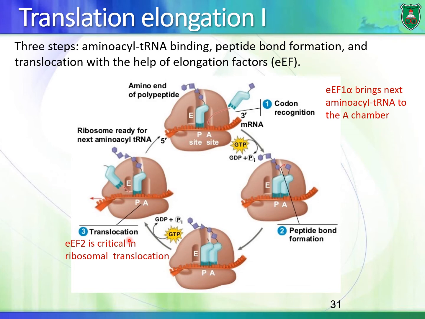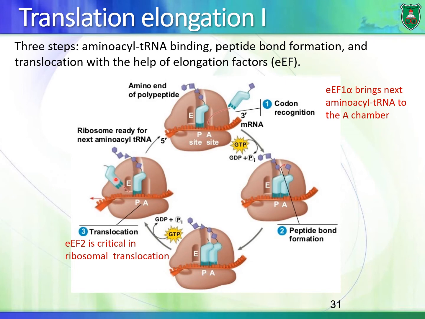Now there is translocation of the ribosome, and that requires GTP, and you have elongation factor 2 that is important for translocation. It also requires hydrolysis of GTP to GDP. It requires energy. Now you have the empty tRNA sitting in the E chamber, the exit chamber, and you have the other tRNA that carries the peptide sitting in the P chamber.